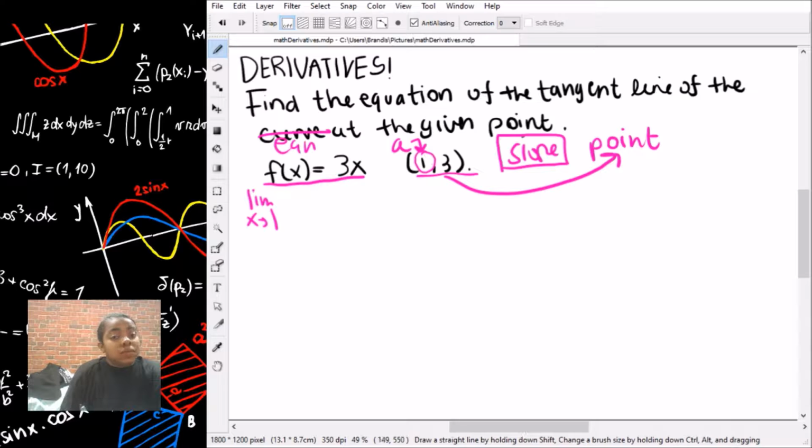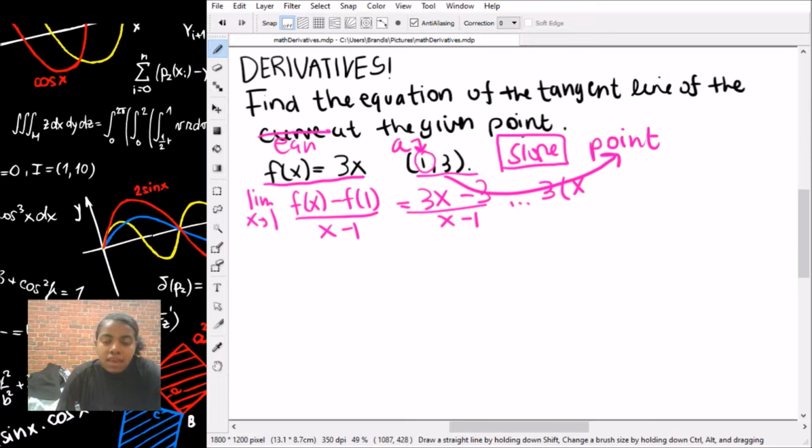So we're going to compute the limit as x goes to 1 of f of x minus f of 1 over x minus 1. It's going to be equal to 3x minus 3 over x minus 1. And we can factor out the 3 here to get x minus 1 over x minus 1, which is just 3. And that's our answer, and we're good.